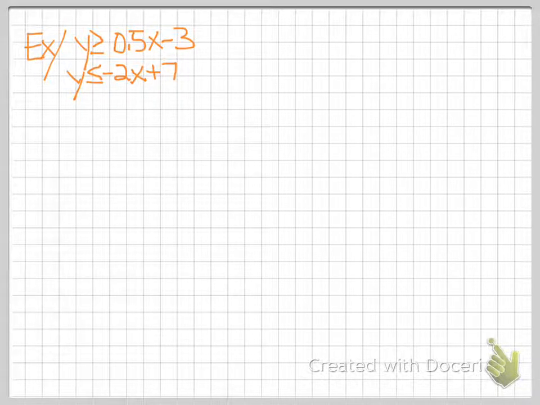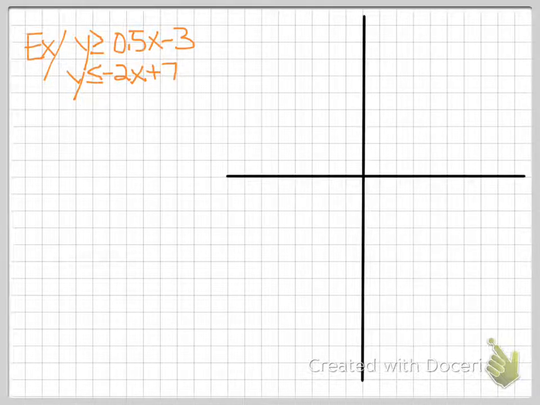Here's your first example. We're going to solve the system for y greater than 0.5x minus 3 and y less than negative 2x plus 7. For my first inequality, the slope is 0.5, which is better known as 1/2, and the y-intercept is negative 3.